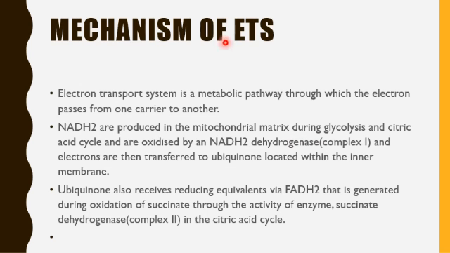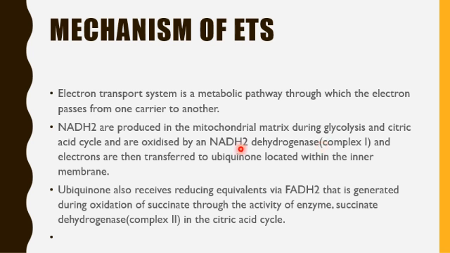Mechanism of the electron transport system. The electron transport system is a metabolic pathway through which the electrons pass from one carrier to another. NADH2 produced in the mitochondrial matrix during glycolysis and the citric acid cycle is oxidized by NADH2 dehydrogenase.